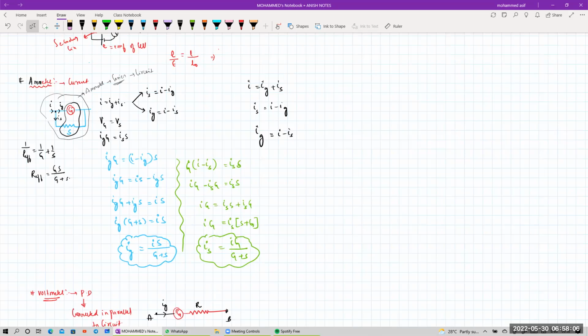You can look at the ammeter. Yes, sir. Clear. Clear, beta? Yes, sir.